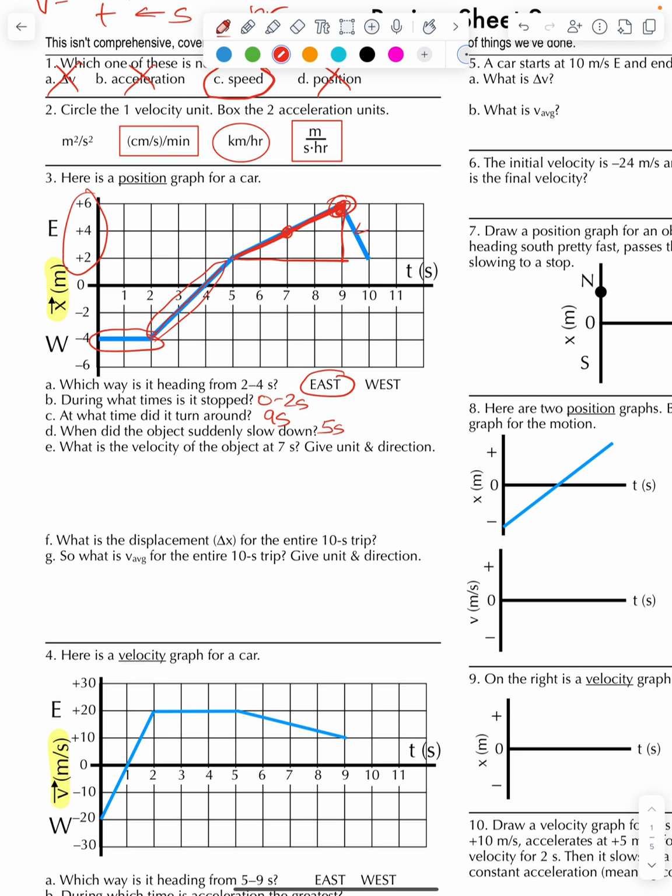I'm going by 2s. So my rise is 4 meters. And what's the run? From 5 to 9 seconds, that's 4 seconds. So the slope is 4 meters over 4 seconds, or 1 meter per second. So that is the velocity. And you could say positive if you want to, or you could say 1 meter per second to the east.